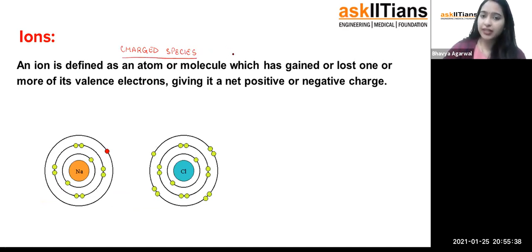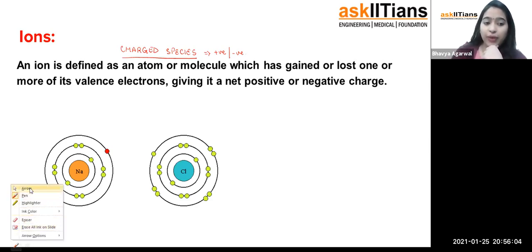Charge is basically if anything is having a positive or negative character. That leads to the question, how can an atom get a positive or negative charge? And why will it get it? What is the reason behind it?